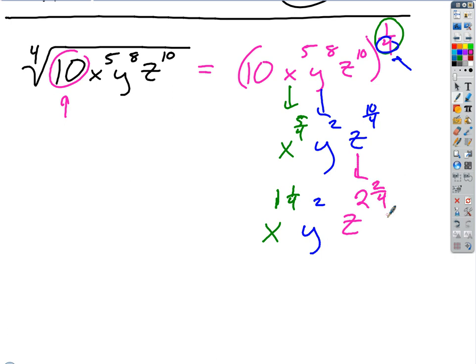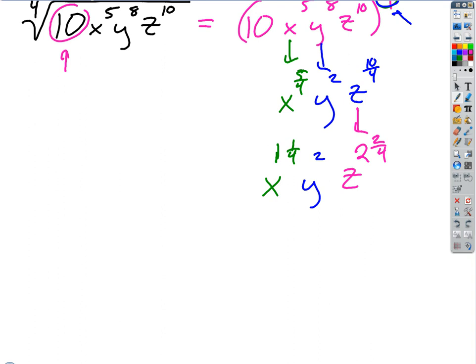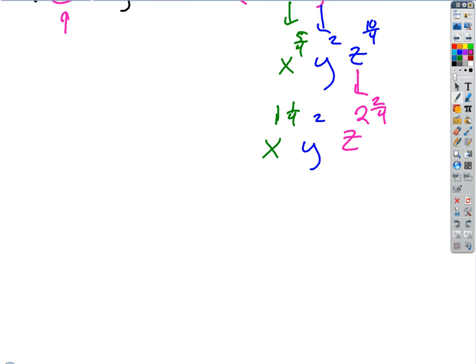Okay, now watch what we can do with this. If I split this up, this is the same thing as saying x to the 1 times x to the 1/4, isn't it? 1 1/4 is just 1 plus 1/4, right? Everybody agree? This is the same thing as y squared. That's easy.